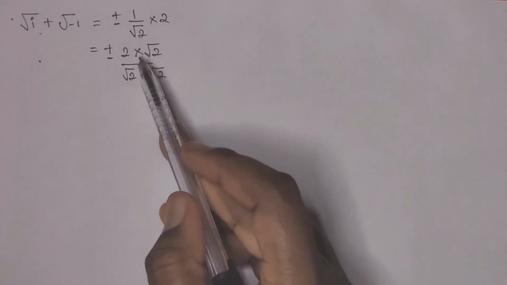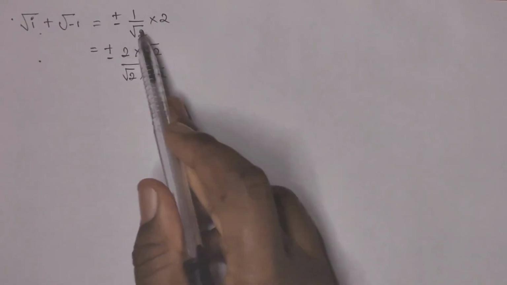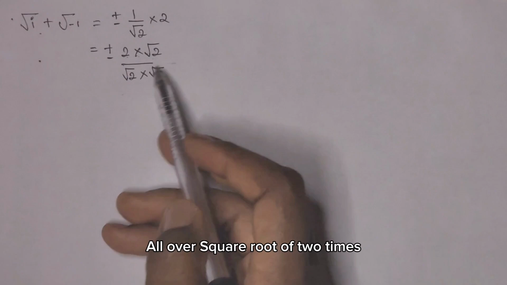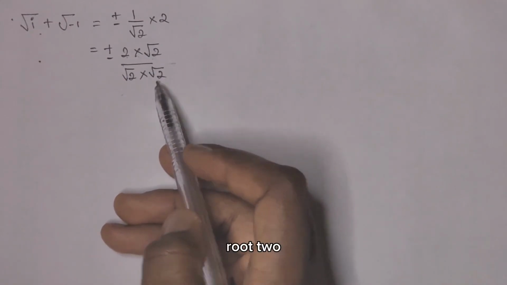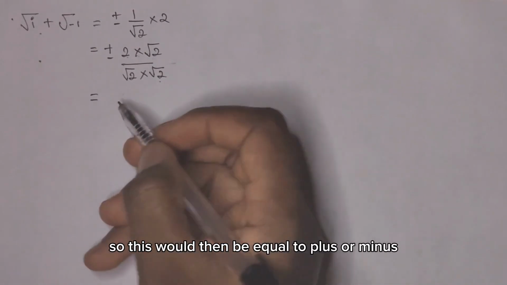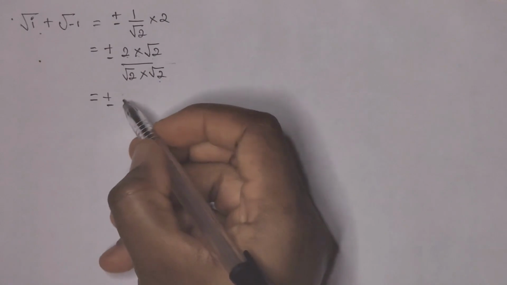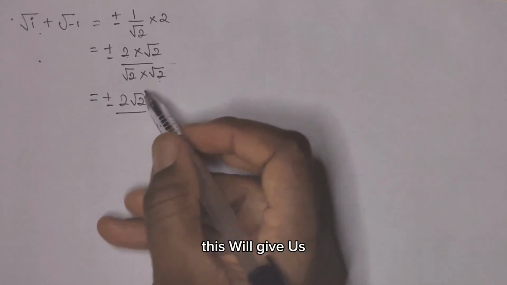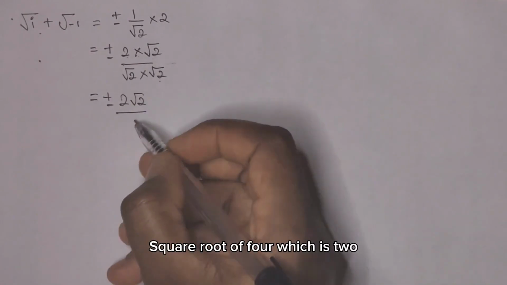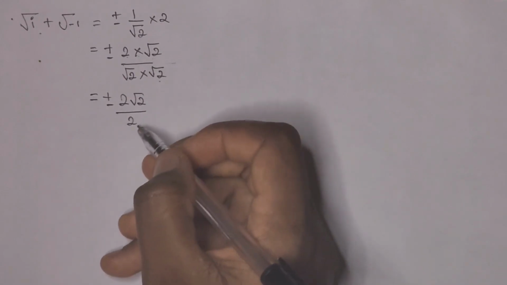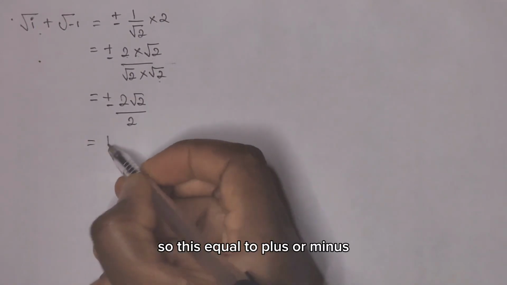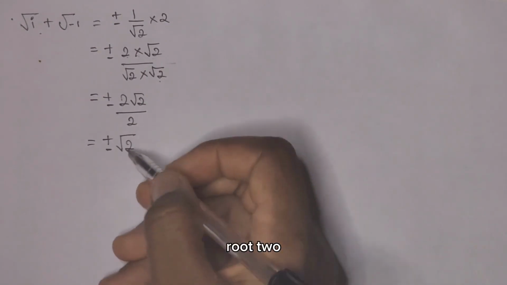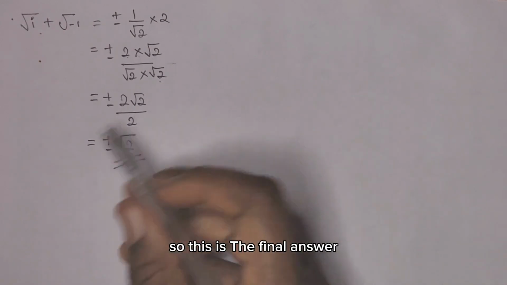So rationalizing, we multiply by the conjugate of the denominator, giving 2 times square root of 2 all over square root of 2 times root 2. This will then be equal to plus or minus 2 root 2 all over square root of 4, which is 2. The 2s cancel, so we have plus or minus root 2. So this is the final answer.